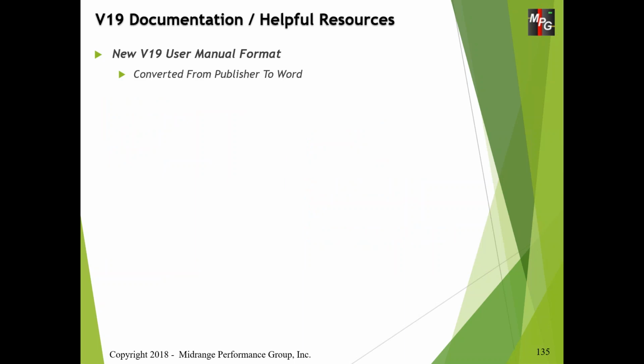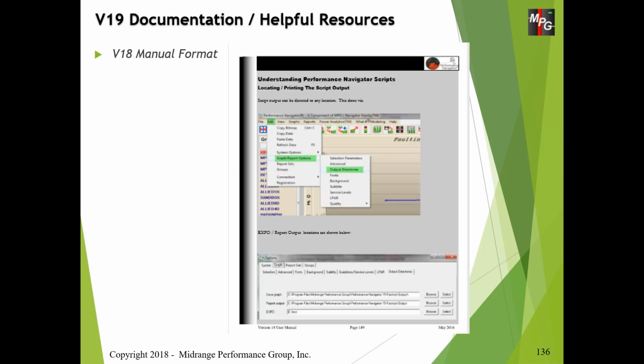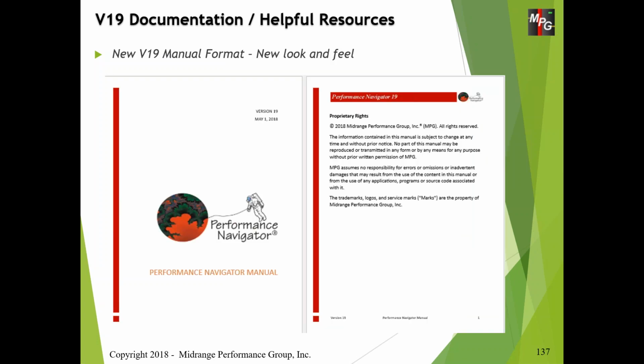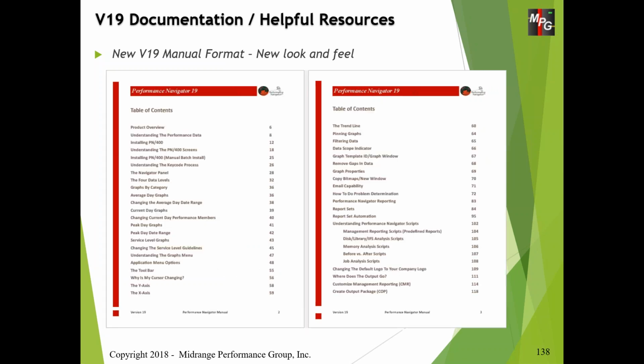Version 19 manual, we completely redid it from 18. This was the old look and feel. I admit this because I'm the one that does the manual. I thought using Publisher years ago was going to be the cat's meow, as my dad would say, God rest his soul. But what I learned, Word just looks so much better. It's just a cleaner look and feel, and you can see it's a completely new format.